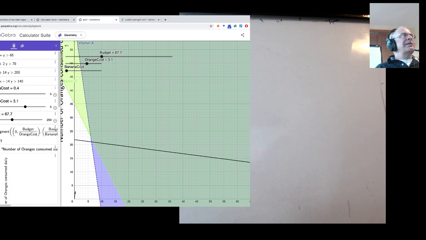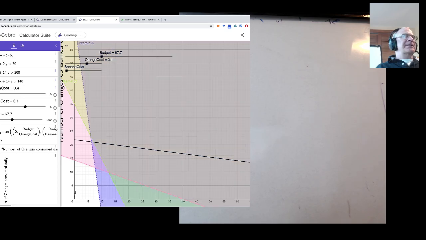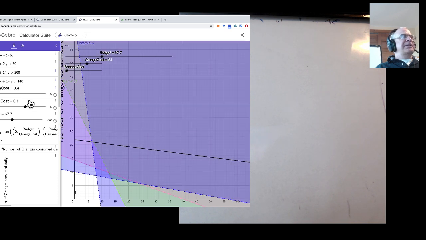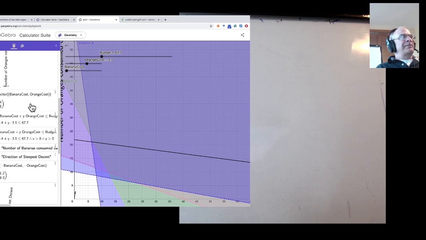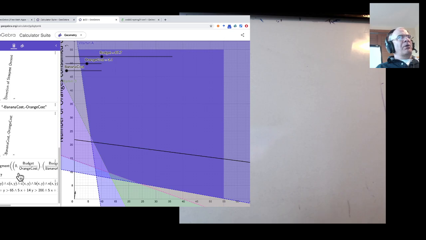Adding vitamin C to the picture, let's turn off these two. Here is another region, and now I need to be in the intersection of all three regions. Let's add yet another one, the intersection of four regions. So the region that we actually need is an intersection of all these regions.